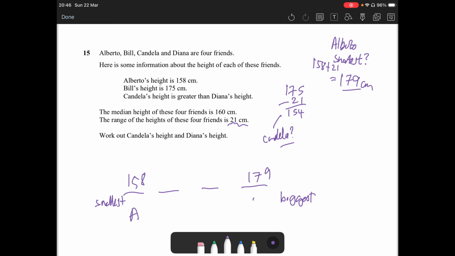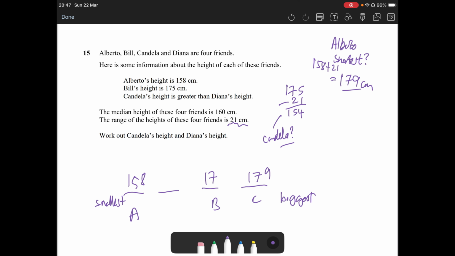Obviously, the tallest person in that case would be Candela, because Candela's height is greater than Diana's height. So this obviously has to be Candela. Now, Bill won't be able to be here, because if Bill was on that value on the middle left, the median would not be... It would not be possible to have 160 as your median, would it? So we'll put Bill here.